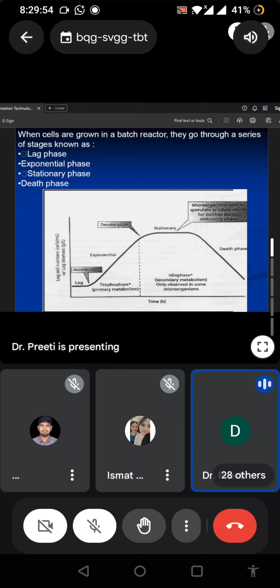So the problem is not with contamination, that you have to take care of in all types of fermentation processes. Here the idea is to maintain the kinetics, at which phase the cells are there, at which phase the product is getting produced, that you won't be able to understand through continuous kinetics. Is it clear? Yes, ma'am.